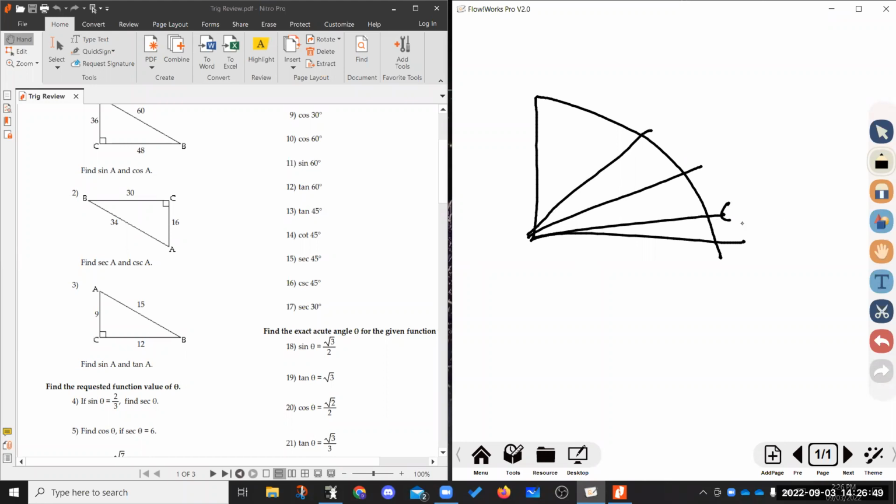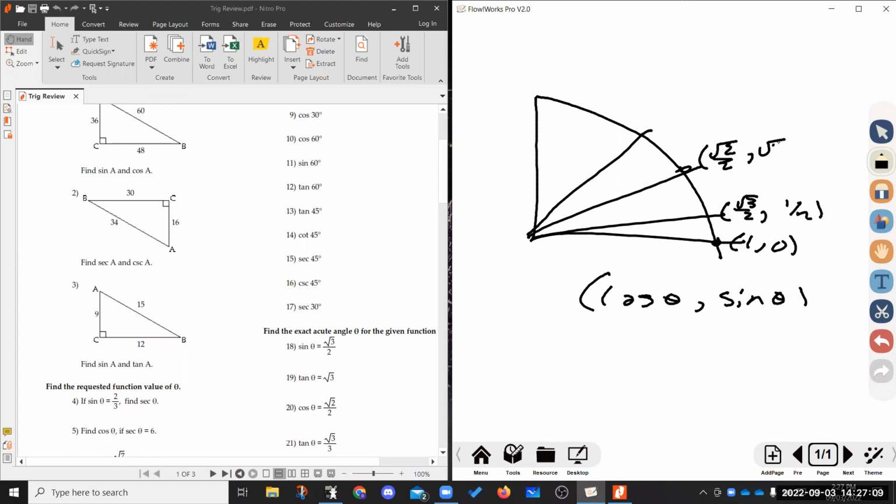There's points here that are going to be cosine, sine of the angles that we just talked about. So this is going to be √3/2, 1/2 for 30 degrees. This point over here is 1, 0. This is √2/2, √2/2. This is 1/2, √3/2. And this is 0, 1.